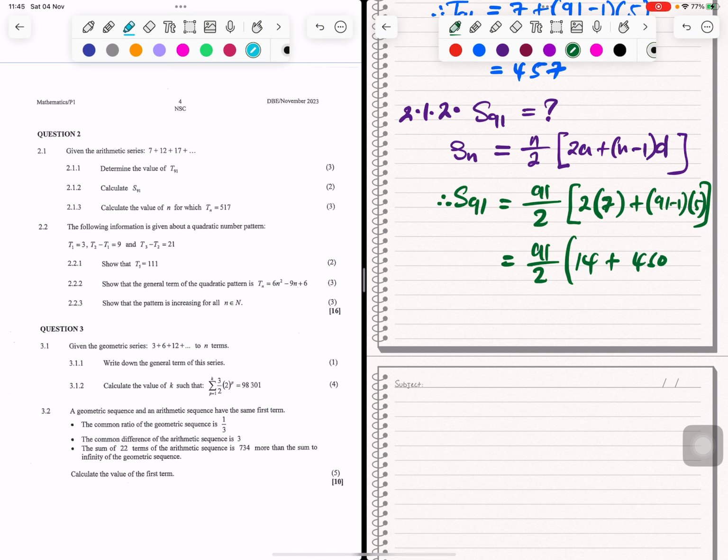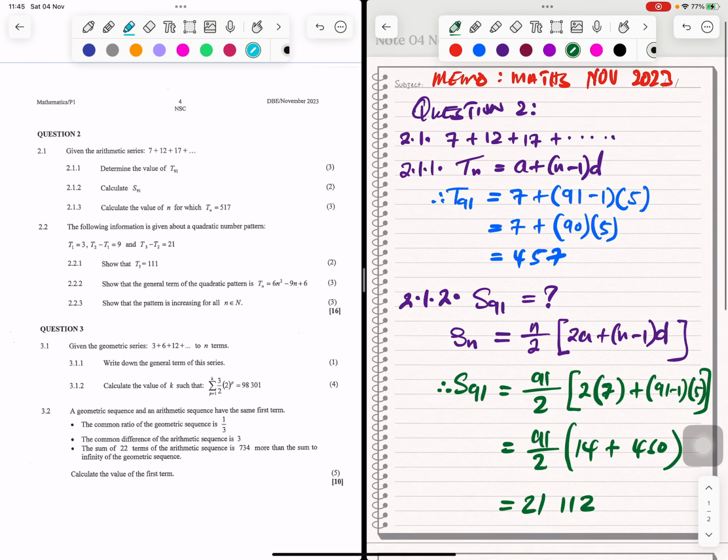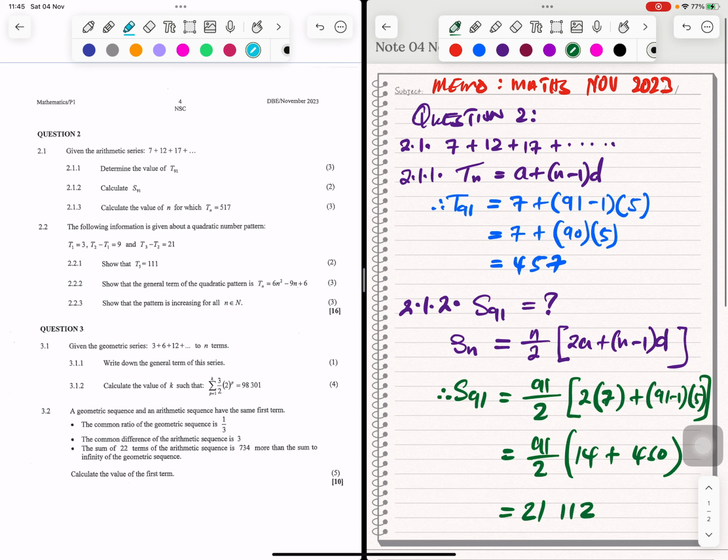So that is 450 plus 14, and then you need to multiply this by 91 over 2. I'm getting 21,112. Okay, so that is the sum of the first 91 terms.